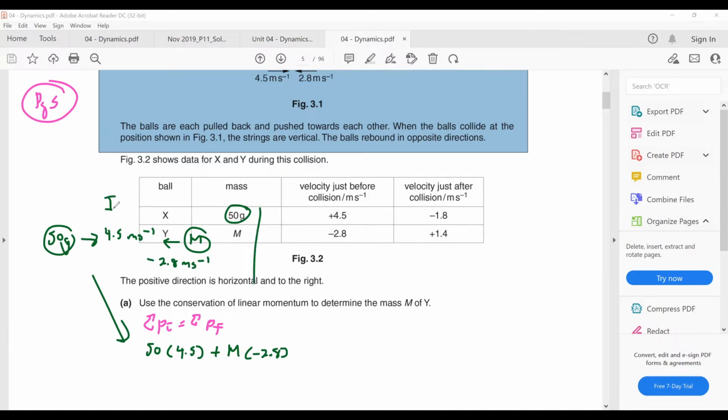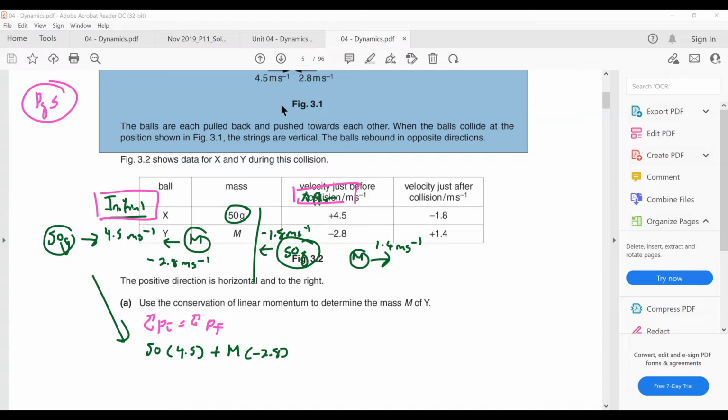This is the initial case. And in the after case, you still have your 50 grams, but it is now moving at negative 1.8 meters per second, whereas your mass m is moving at 1.4 meters per second. This is how you would visualize the collision before and after.